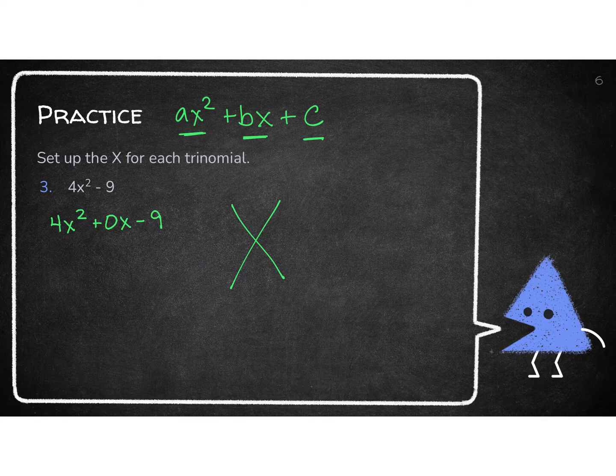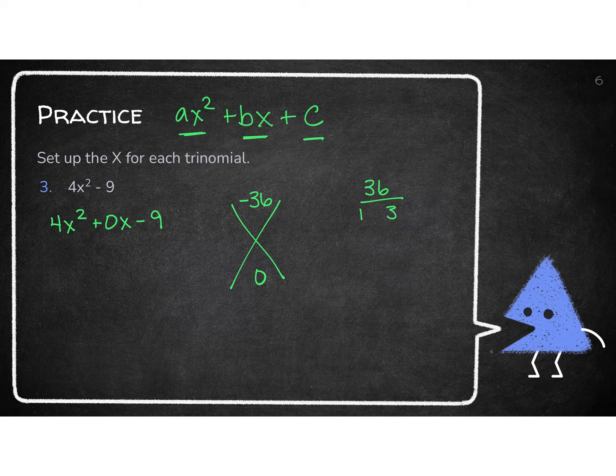So I'm going to do a times c, so 4 times negative 9, negative 36. B goes on bottom. So when you're doing this, I have a negative, so that tells me I'm going to subtract these things probably, okay? So if I'm going to subtract these things, I am going to look for the factors of 36 that subtract to 0, okay?